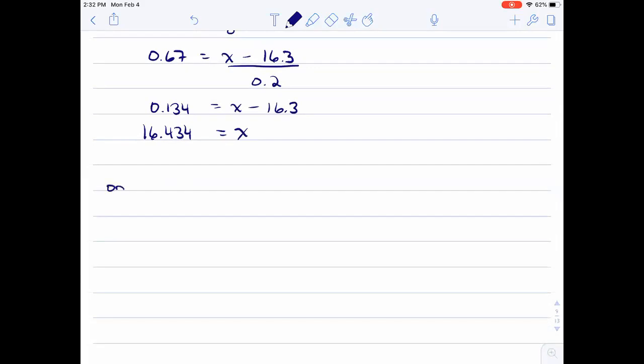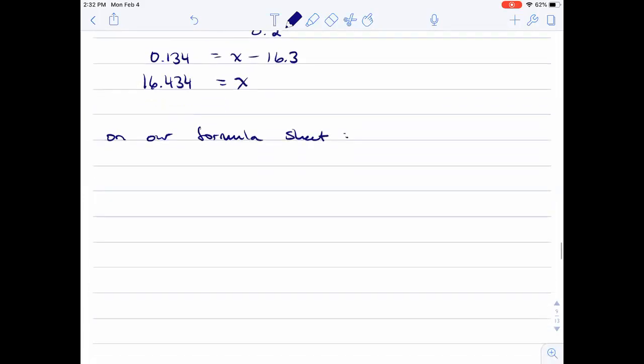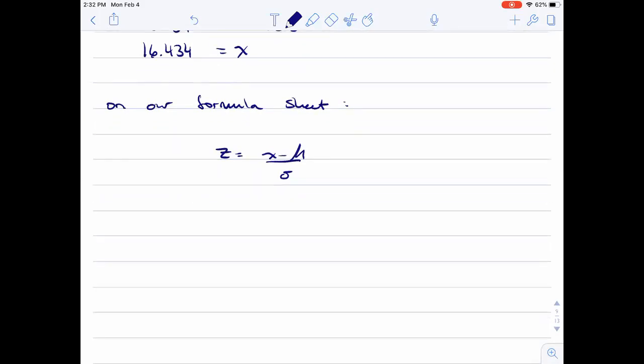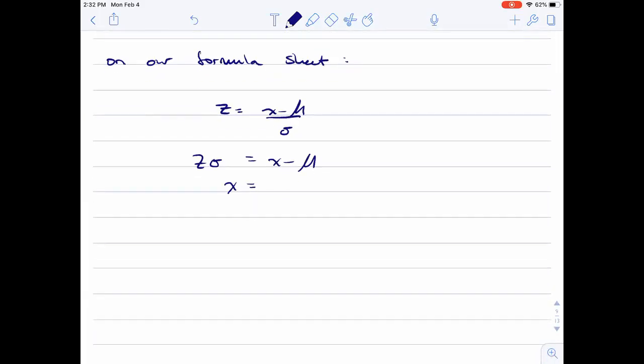On our formula sheet, we have z is x minus mu over sigma. In general, if we solve for x here, we would get z times sigma is x minus mu, and then x would be mu plus z times sigma.